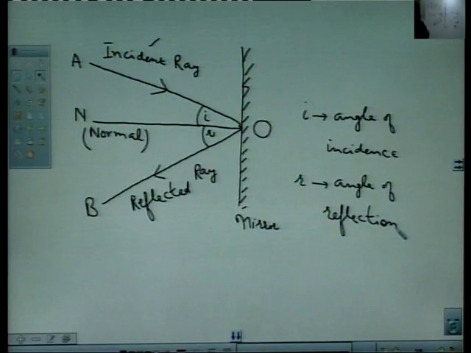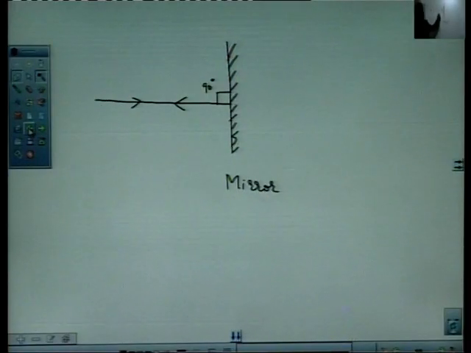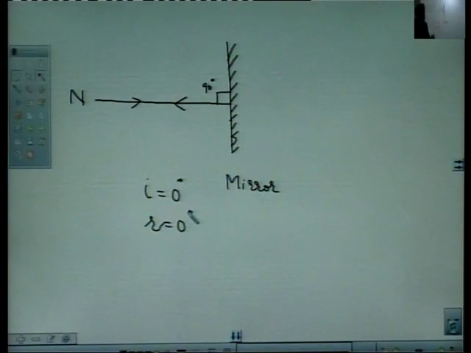In our first case, I, angle of incidence, this is the normal, so I is equal to 0 degree, R is also 0 degree, because the ray of light is incident normal to the mirror surface, and we are considering I and R, which are the angles made with the normal. This is very important to understand what is meant by I and R.